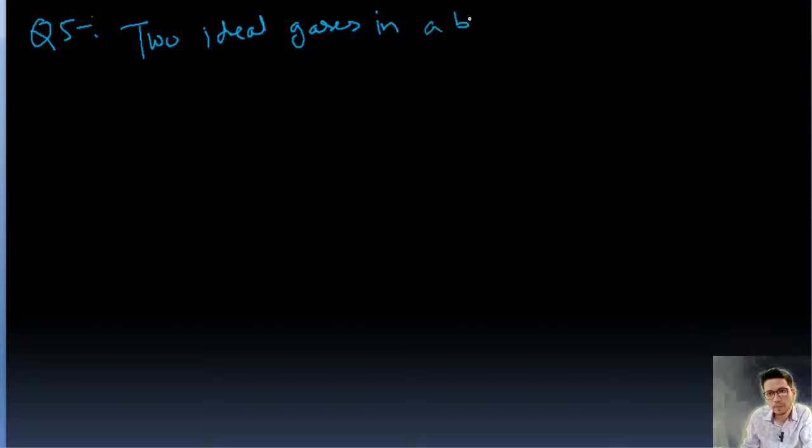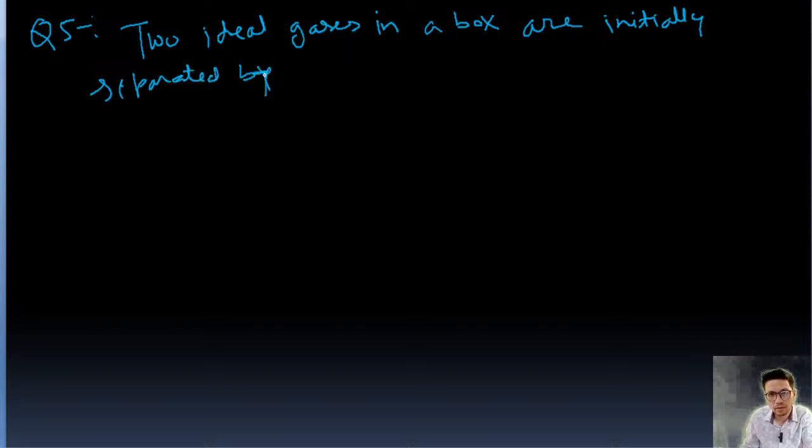Two ideal gases in a box are initially separated by a partition.